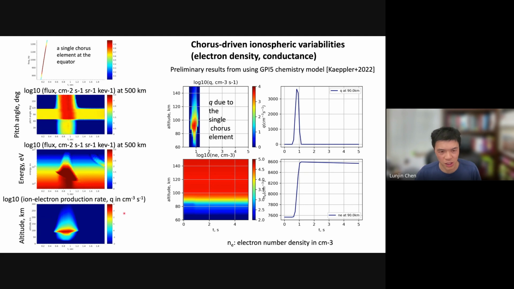With this Q, you can throw it into the chemistry model. This is a five-species chemistry model called GPI5, developed by Kepler 2022.